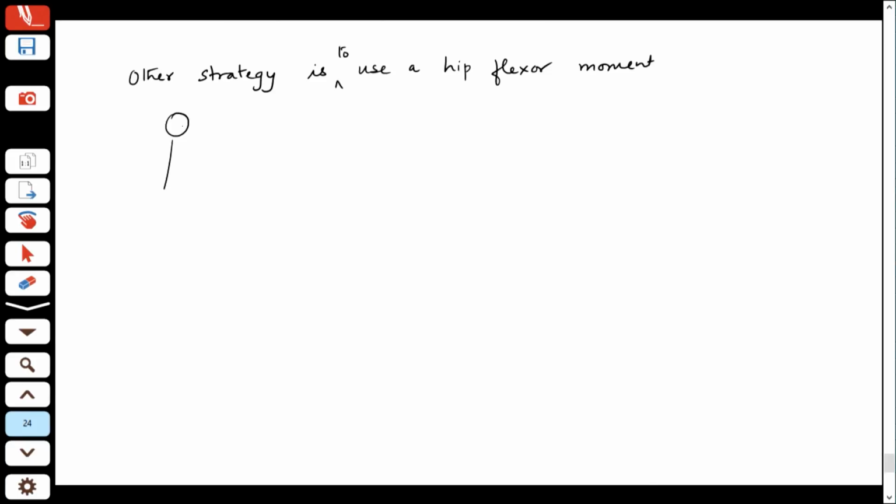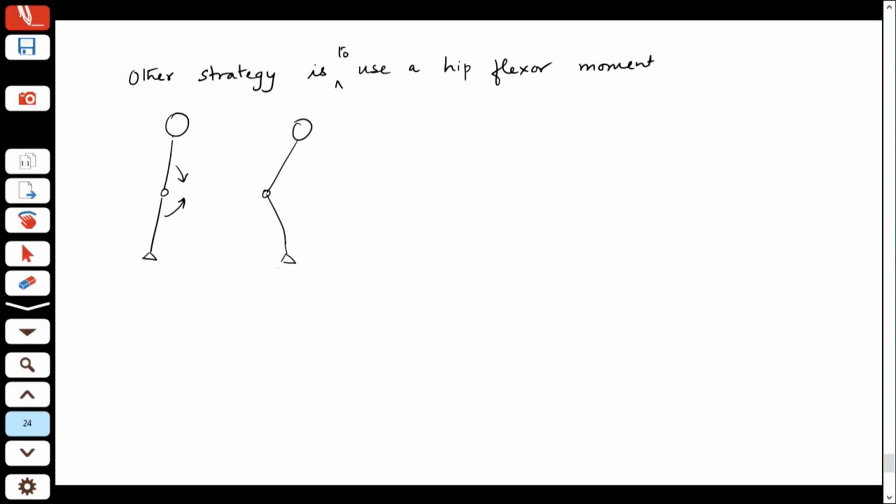So, if you have this guy falling, assuming you are only modeling it as 2 segments, then if you start falling, you start bending, and then you assume a posture like this, and that will help you regain your balance. And the COM may actually become positioned within the base of support when you do that.